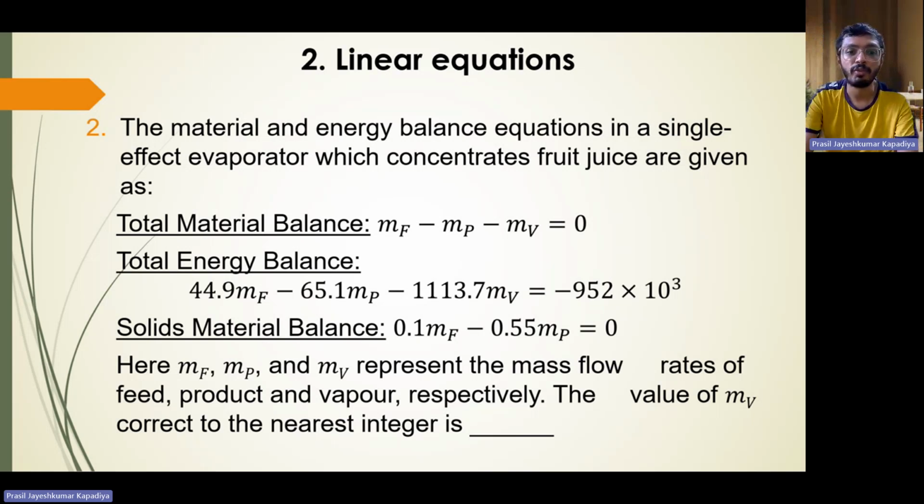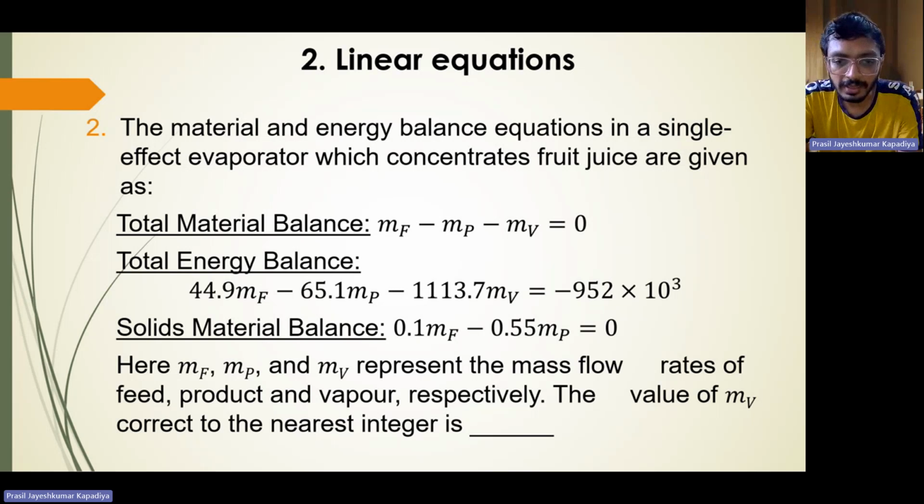Total energy balance 44.9 MF minus 65.1 MP minus 1113.7 MV is equal to minus 952 into 10 raised to 3. And the solids material balance is given as 0.1 MF minus 0.55 MP is equal to 0, where MF, MP and MV represent the mass flow rates of feed, product and vapor respectively.